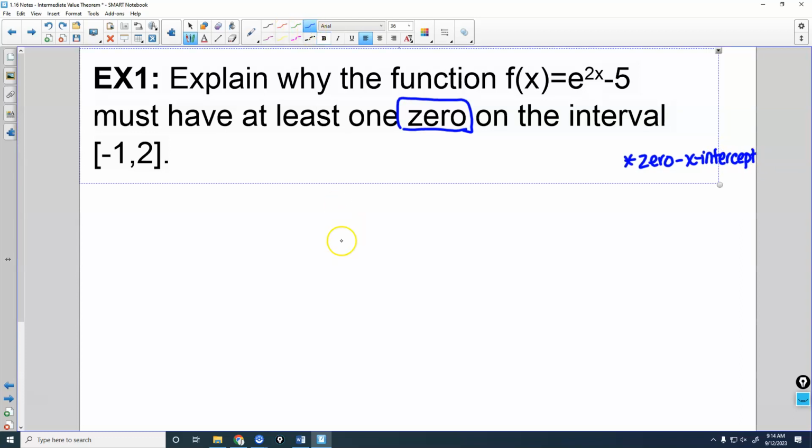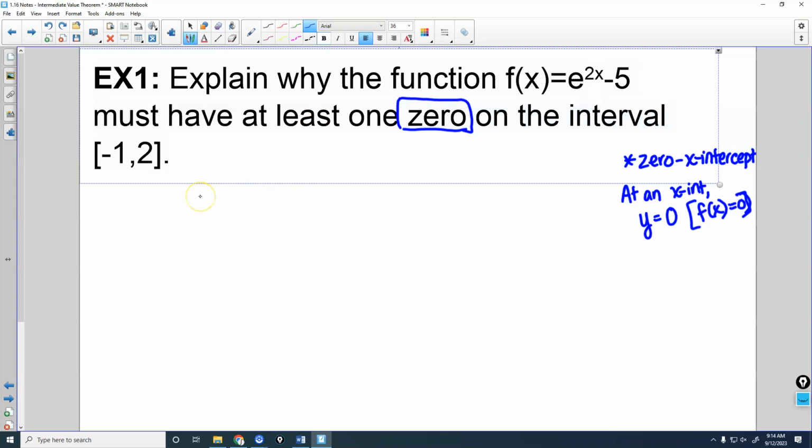Okay, so if at an x-intercept, what does your y value equal? 0. Or another way to say it is f of x equals 0.